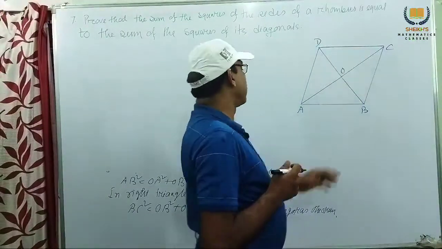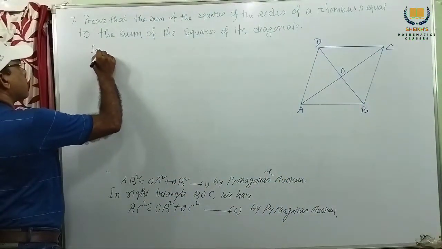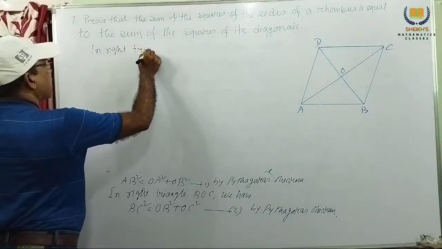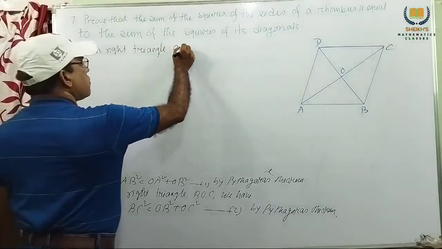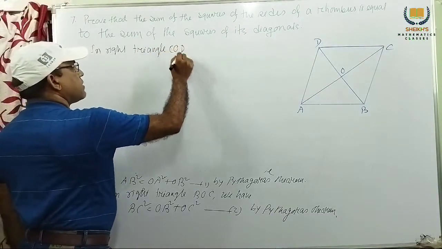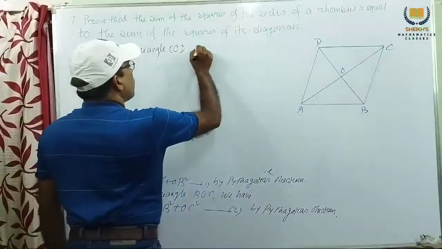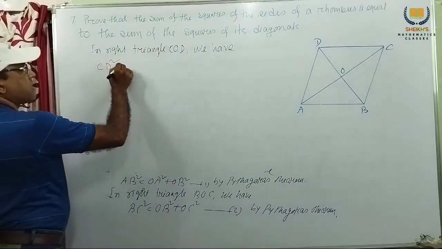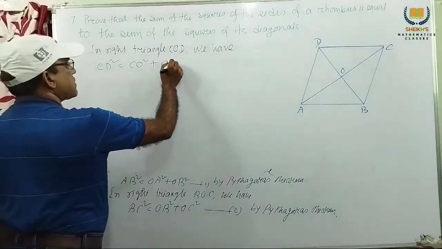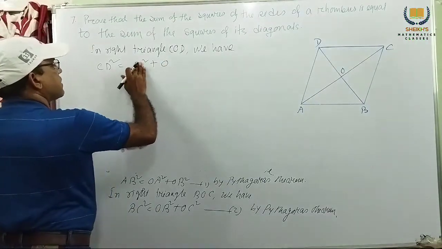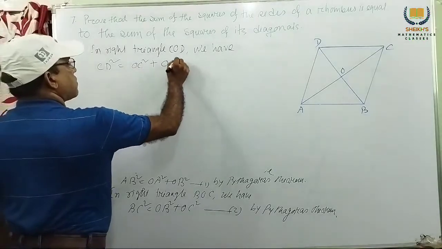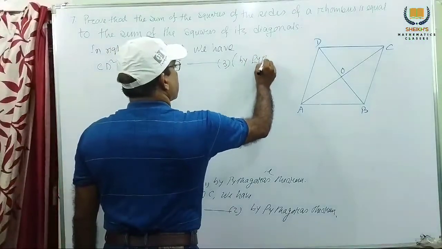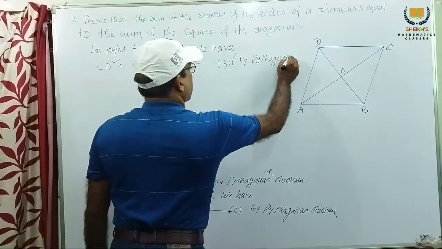Next, consider this triangle. In right triangle COD, we have CD square equal to OC square plus OD square. This is number 3, by Pythagoras theorem.